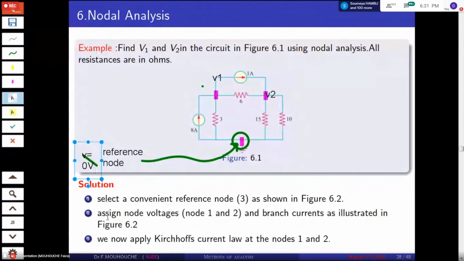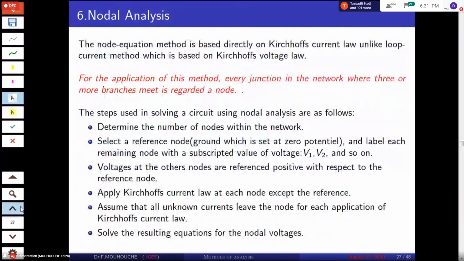The voltages at the other nodes are referenced positive with respect to the reference node.